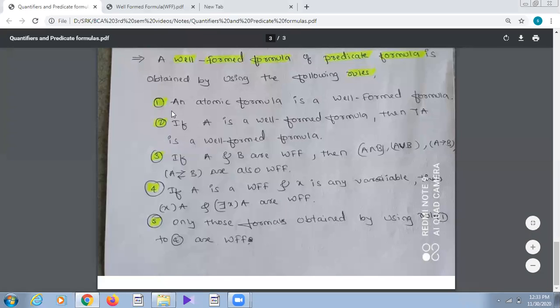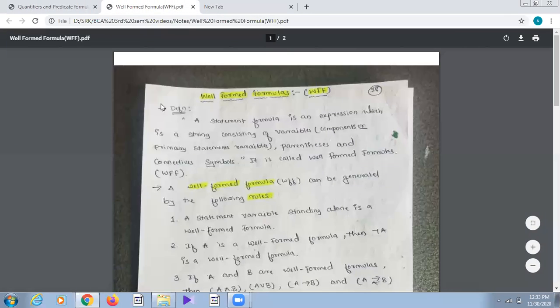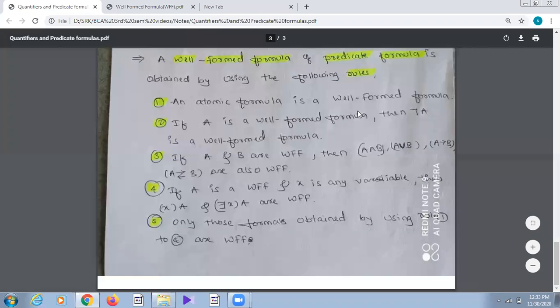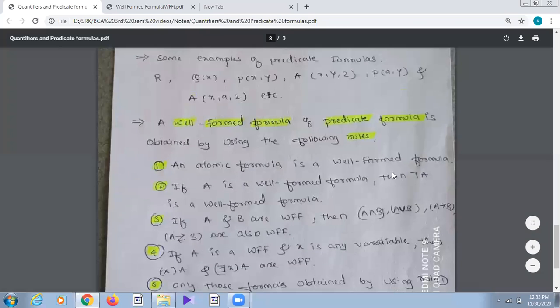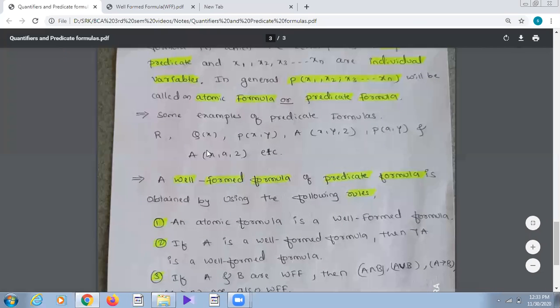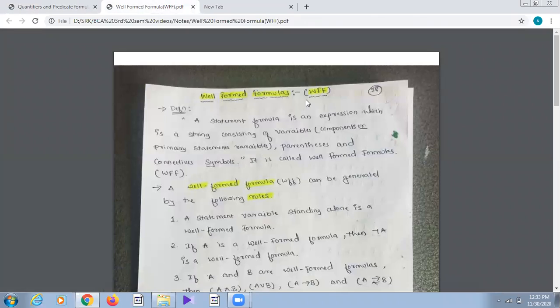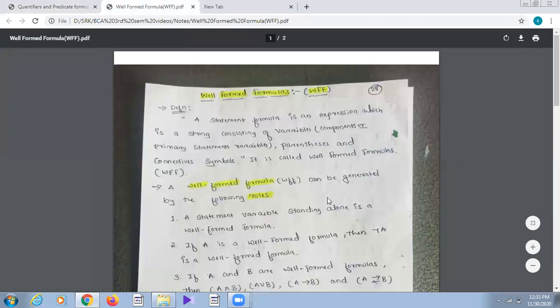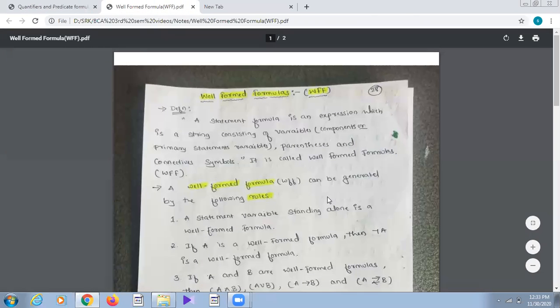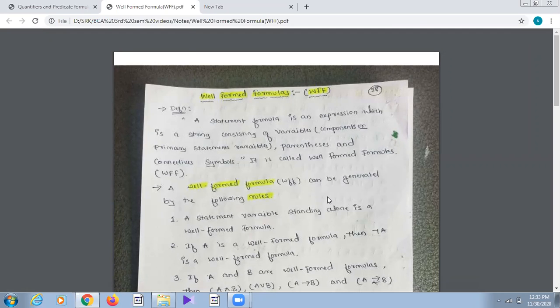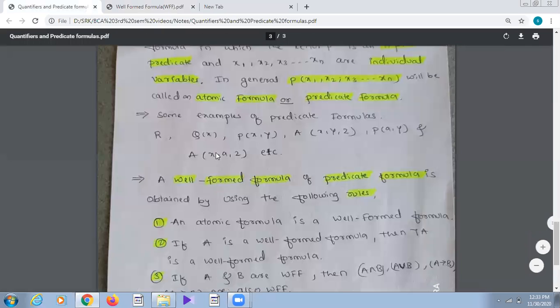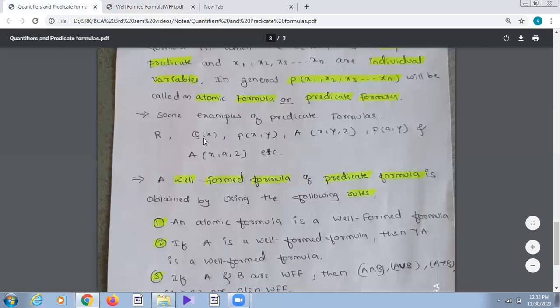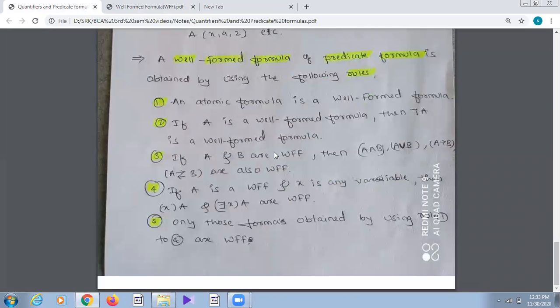Remember, these rules are similar to the connective formula rules, only the format is different. The predicate formula is different, and the connective formula is different. Connective formulas come under forms like A conjunction B, A conditional C. Here the predicate formula is like this: a predicate symbol will be there, and after that individual names will be there. So this is the predicate formula.